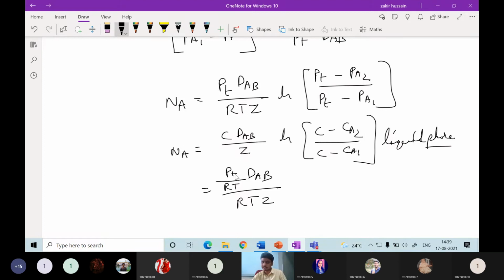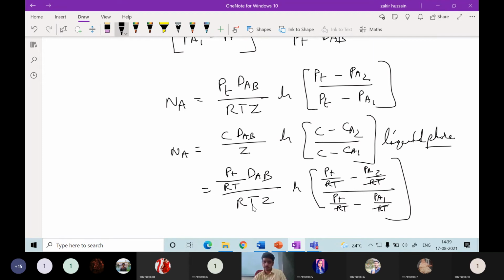Now in place of C we can substitute PT by RT. Then in the ln this is also PT by RT minus PA2 by RT. Why? Because CA2 is equal to PA2 by RT divided by PT by RT minus PA1 by RT. Then here the common RT will be cancelled.